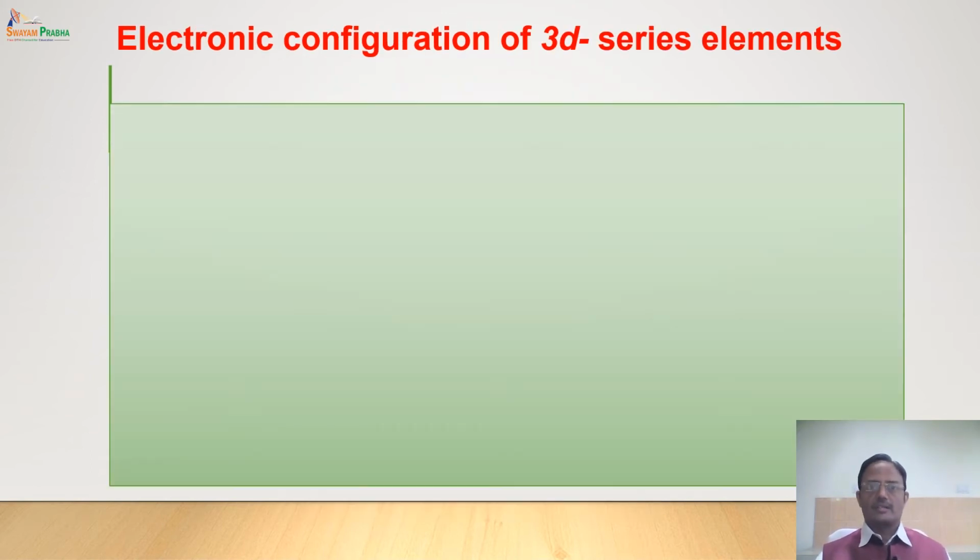Let us discuss the electronic configuration of 3d series elements. Now if you want to derive the electronic configuration of any element, there are 3 important rules which, if you follow, you can write the electronic configuration of any element. The first rule or the first principle is the Aufbau principle. Aufbau is a German word meaning construction or building up.